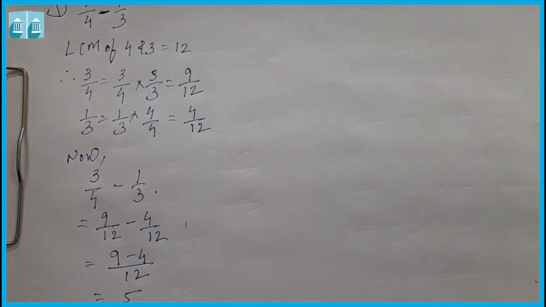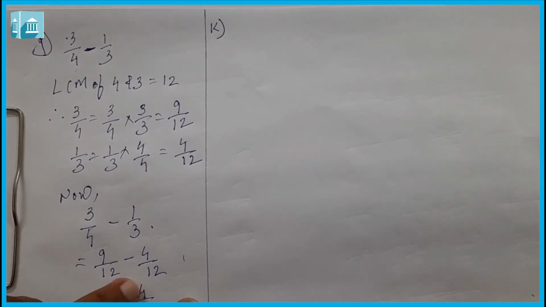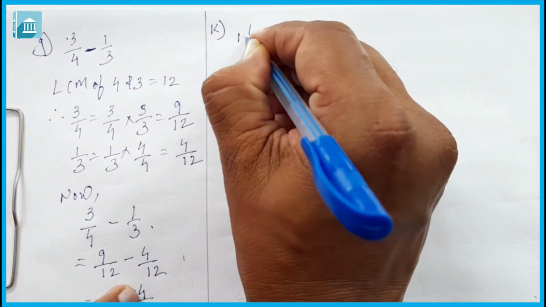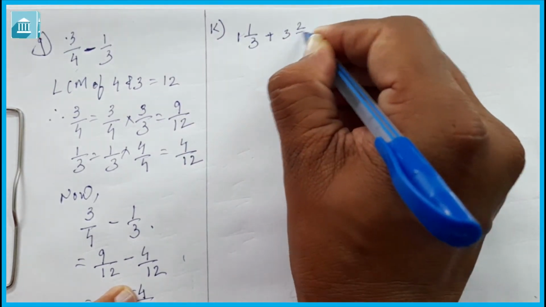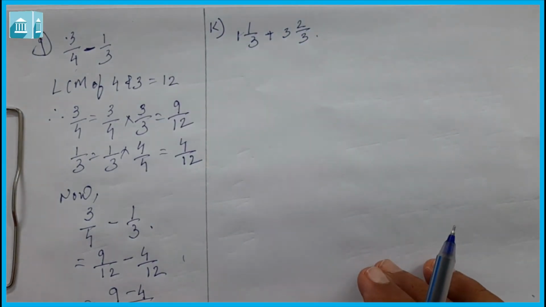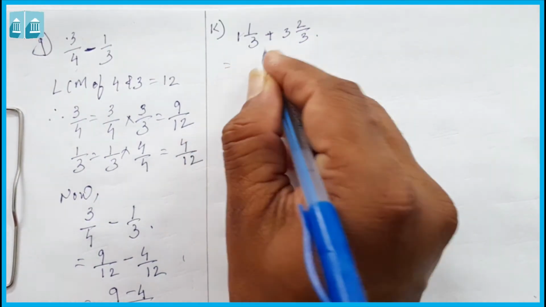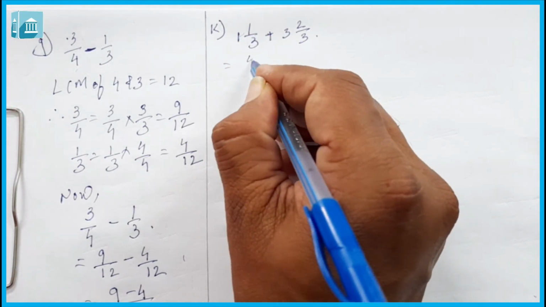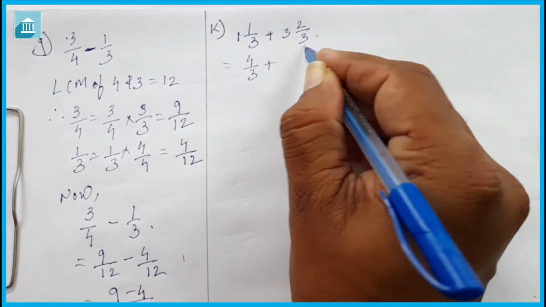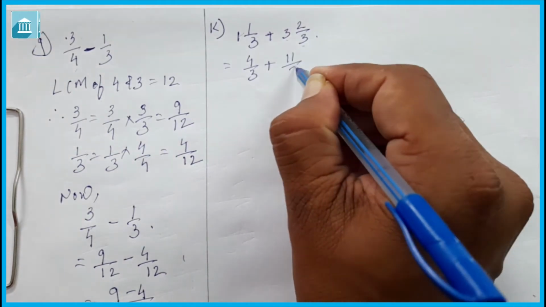Now let us see K. In K it is given 1 by 3 plus 3 2 by 3. It is very simple. 1 by 3 plus 3 1 by 3. If you continue, then it will be 3 ones are 3 plus 1, so 4 by 3 plus 3 threes are 9 plus 2, 11 by 3.